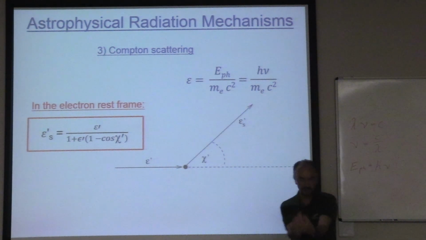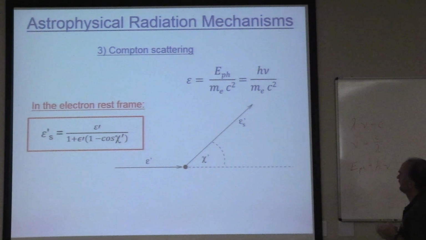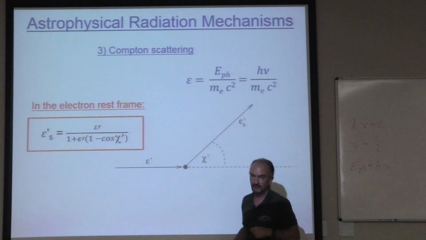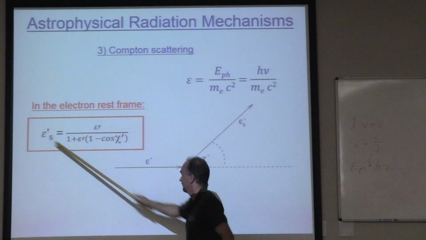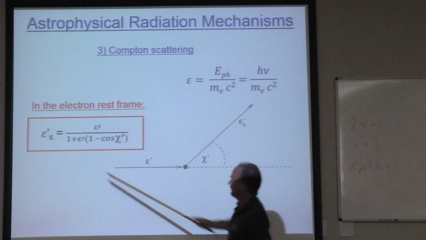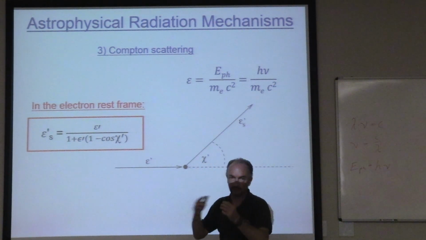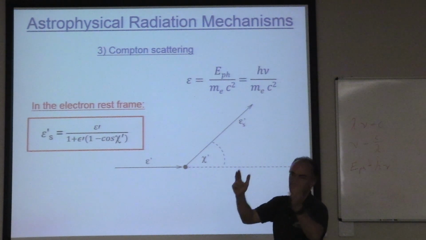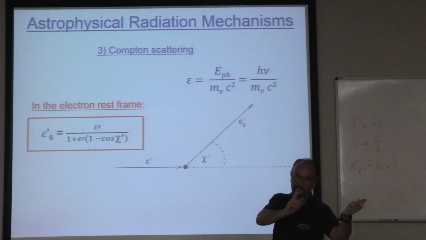So if the electron is not moving, just stationary at rest, the photon bounces off the electron and is deflected by some angle chi. Then the scattered photon that comes out has an energy that is somewhat lower than the incoming photon, because if the electron is at rest, momentum conservation tells us that the electron must pick up some of this momentum and energy.